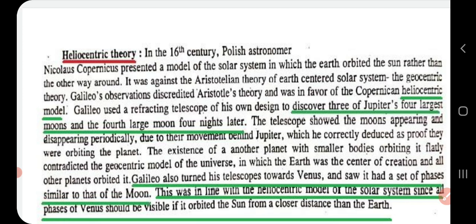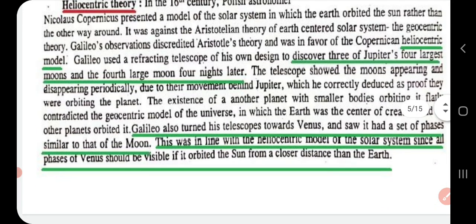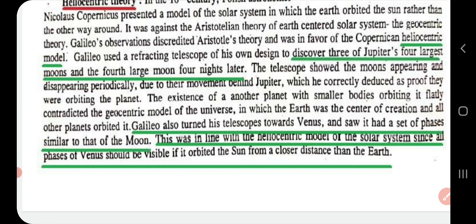I have already told that he made some modifications to the existing telescope, and using that refracting telescope that he designed, he discovered three of Jupiter's four largest moons. Then he observed the moons appearing and disappearing periodically.